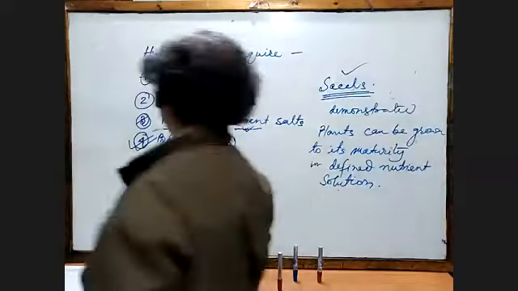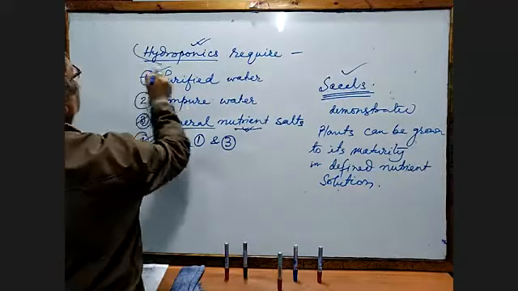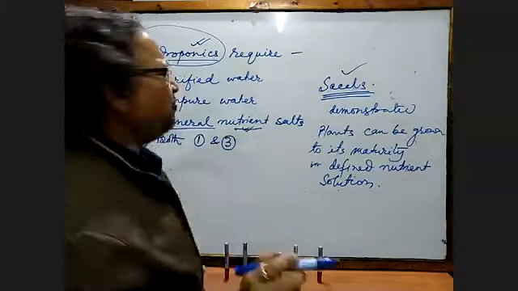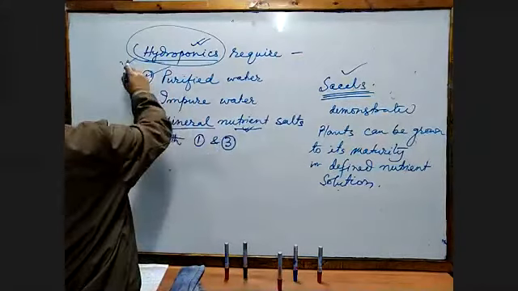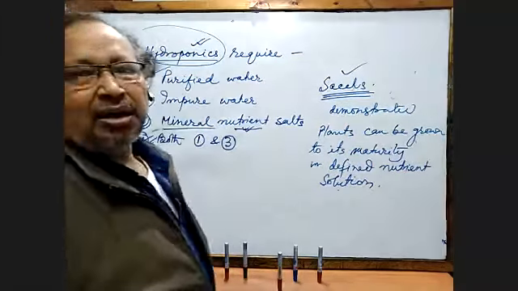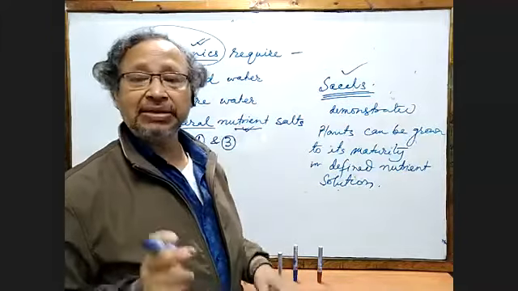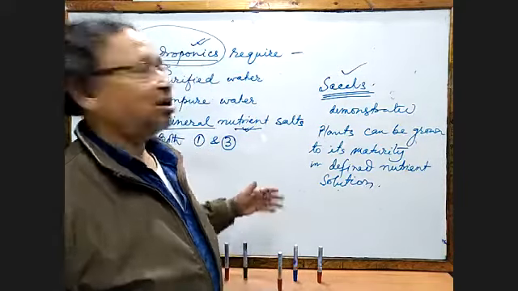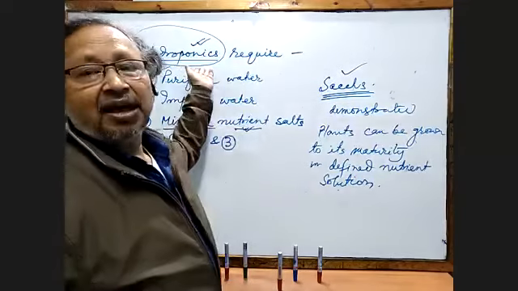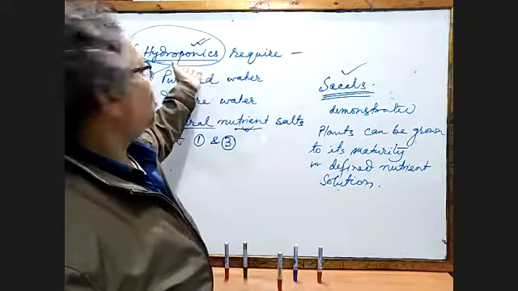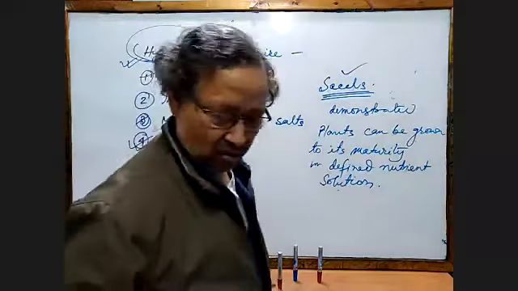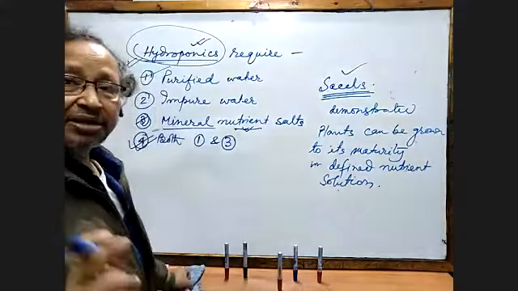Okay, and this method of hydroponics is now a very successful one, and particularly different vegetables and some fruits are grown by the methods of hydroponics. Different vegetables are grown on a large scale also now.